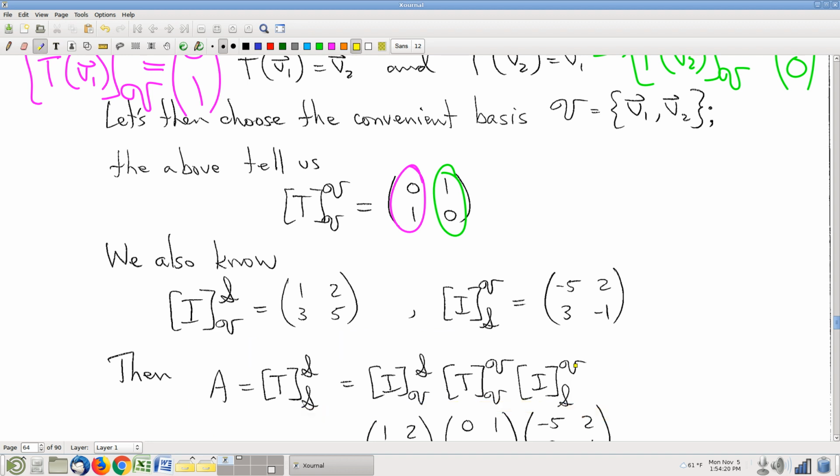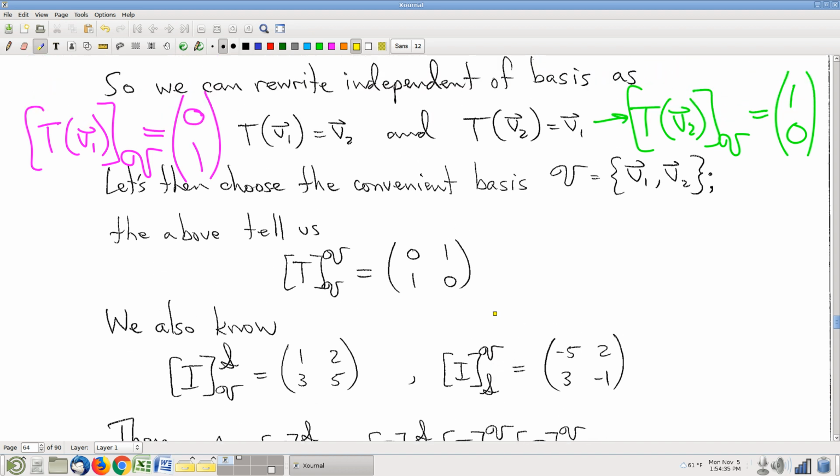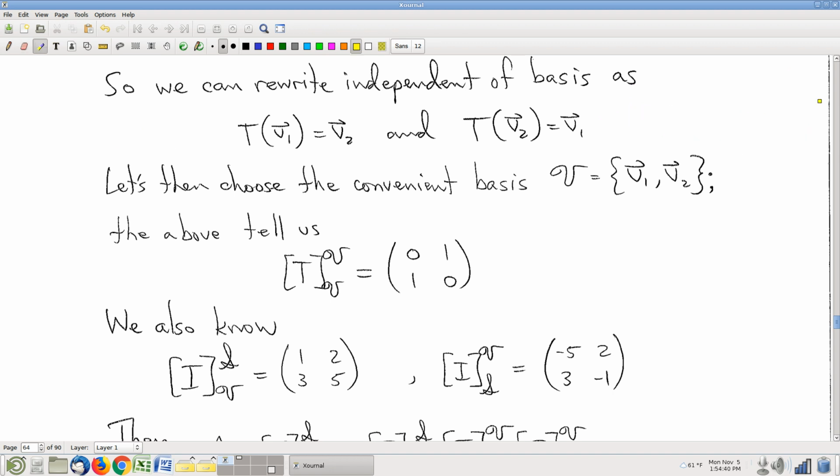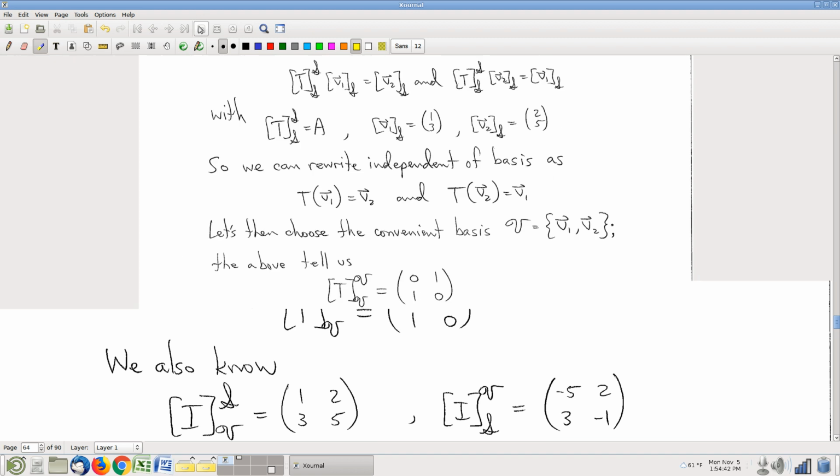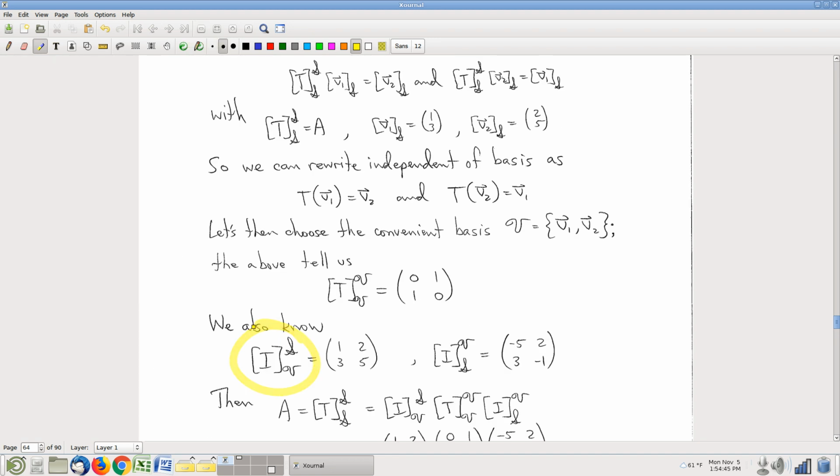Okay. So some details then. Where are these matrices? Well, T_VV. This is what I just computed very conveniently. That was the easy way to understand T. The change of basis matrices. Let me clean up my mess a little bit here. Change of basis matrices. I'm going to have to zoom out. So how do I compute the change of basis matrix from V to S? Well, I need to represent the V vectors in terms of the S basis, which is already given. Right.